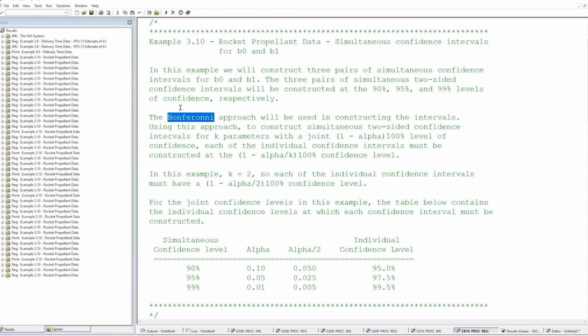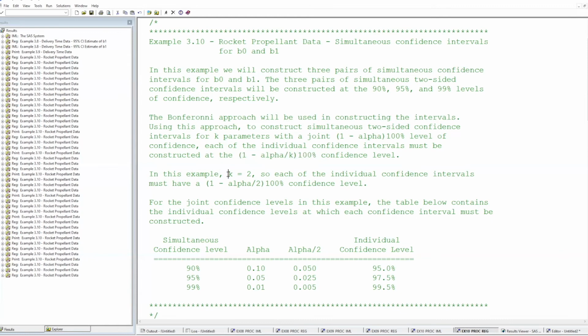Using this approach, to construct simultaneous two-sided confidence intervals for k parameters with a joint or simultaneous (1 minus alpha) times 100% level of confidence, each of the individual confidence intervals must be constructed at the confidence level equal to (1 minus alpha over k) times 100%, just as we saw in the notes that we went over.